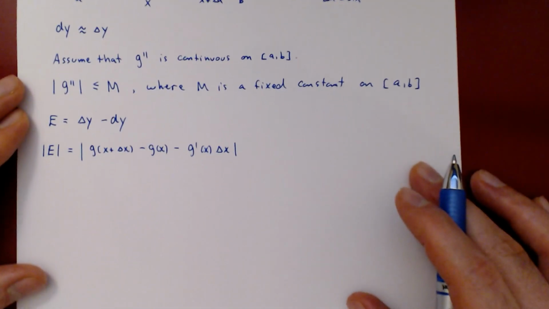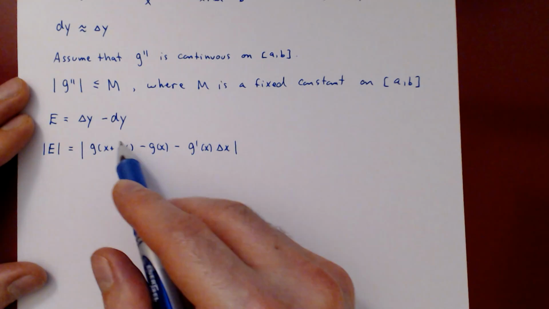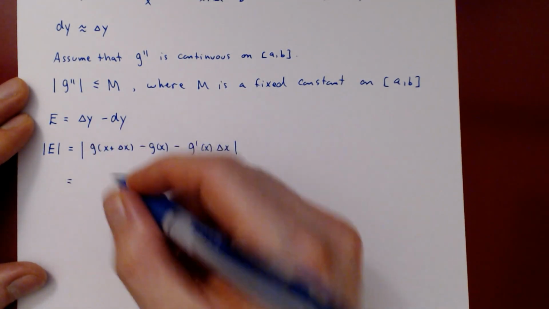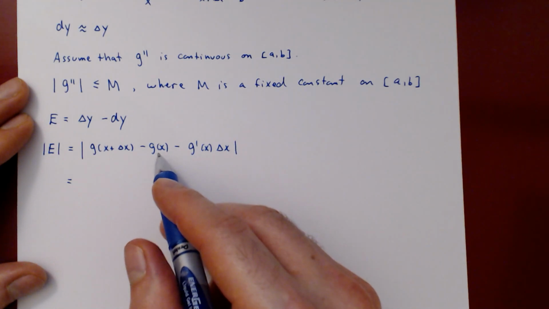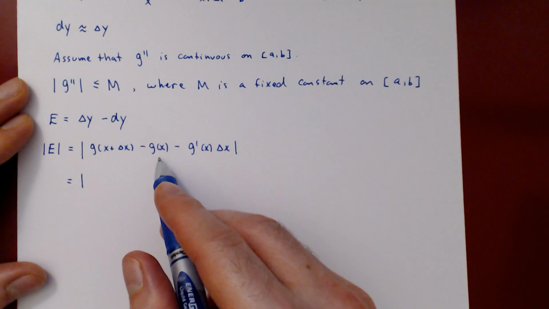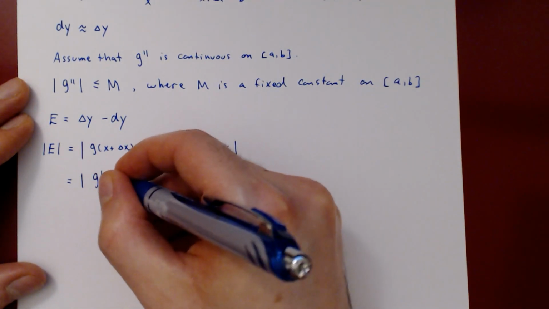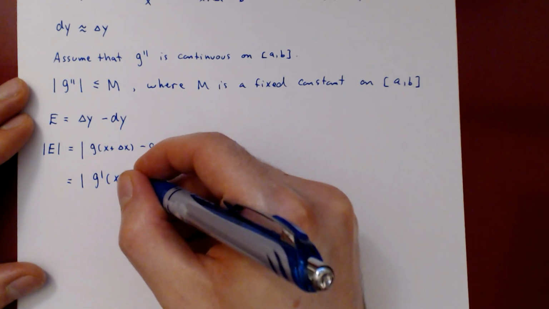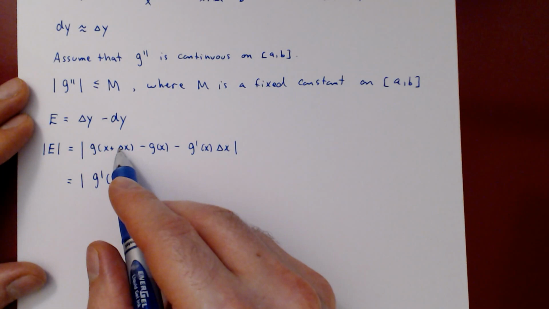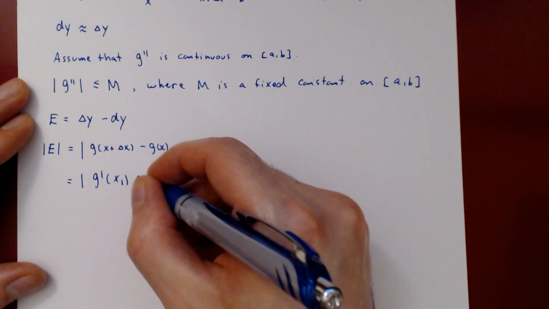The question now is, what do we do with this? Well, we have g at x plus delta x minus g at x. We can apply on this the mean value theorem of differentiation, right? A change in a function from one point to another can be given by the slope of the function at some point, say x1, between these two points, times the change along the x-axis. So this minus this gives us delta x.